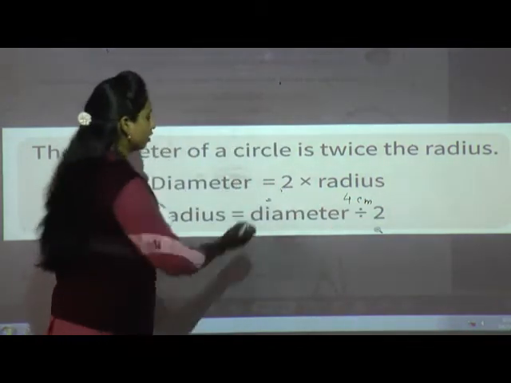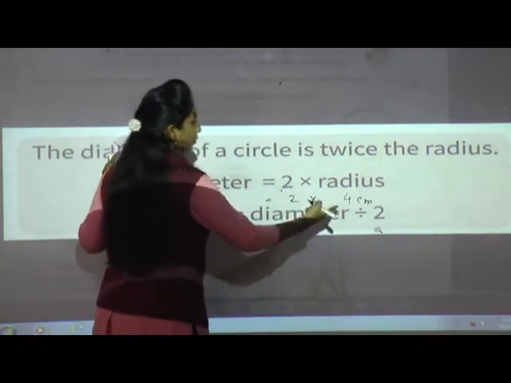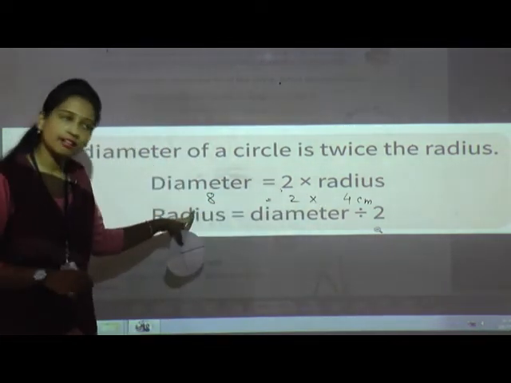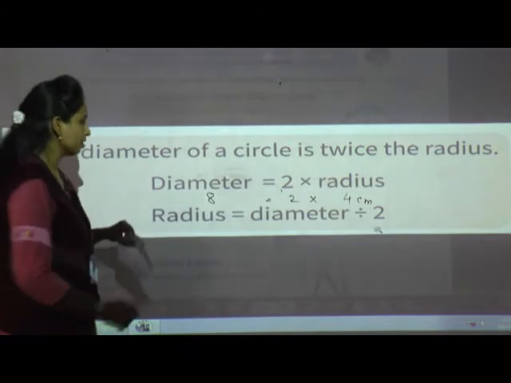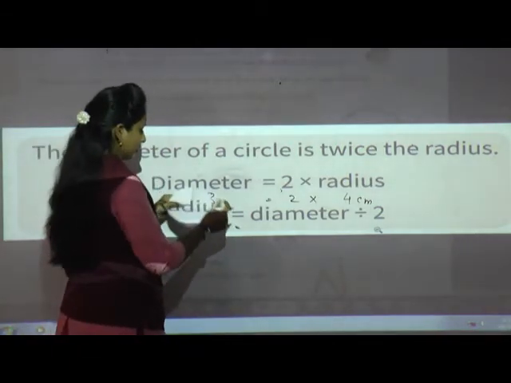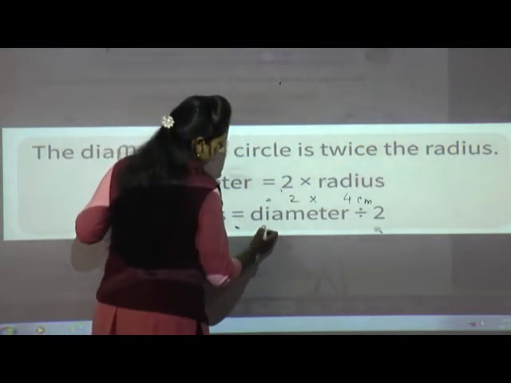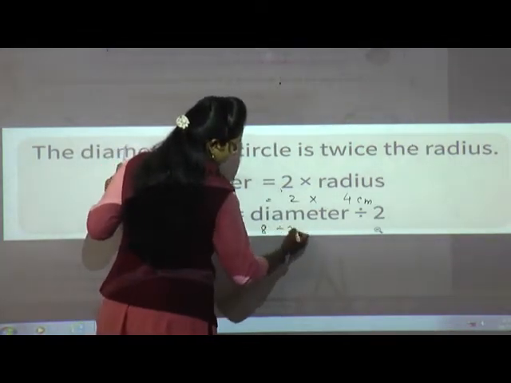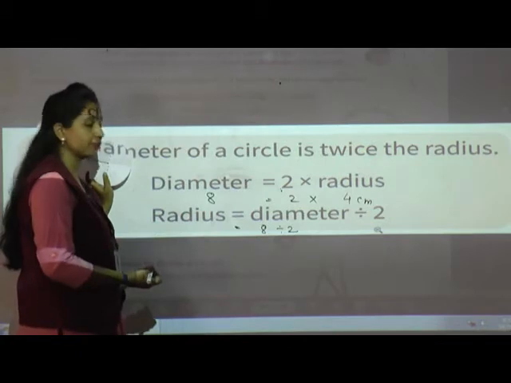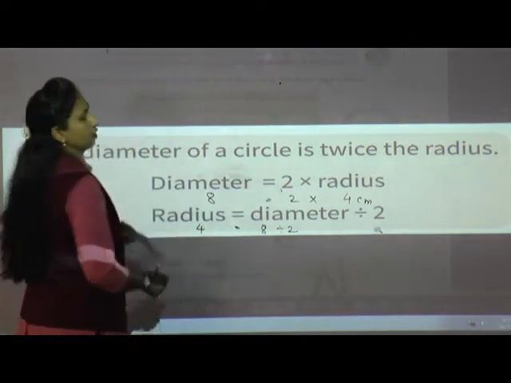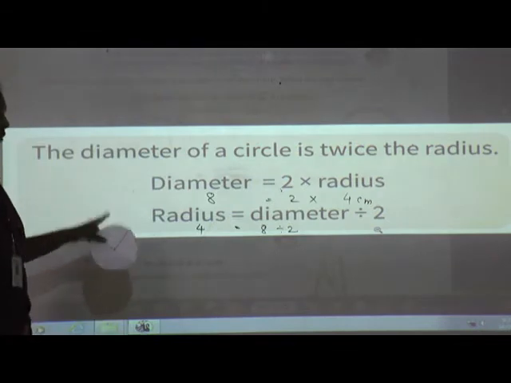How will you find out? 2 multiplied by 4. 2 fours are 8. So the diameter is 8. Now suppose they have not given the radius and they have given the diameter, that is 8, and division by 2. So we have to divide. 8 divided by 2 is 4. So the radius is 4.